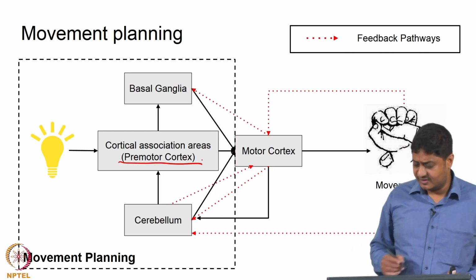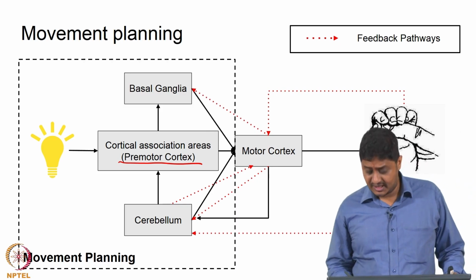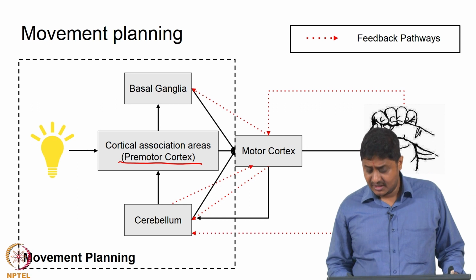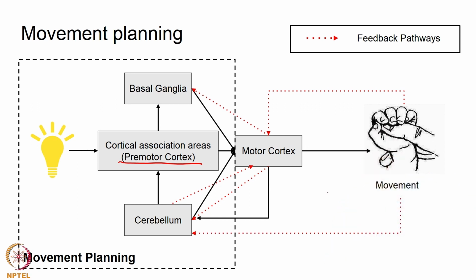How does it receive the information? Via the dorsal and the ventral spinocerebellar tract. What is the kind of information that it receives? Proprioceptive information and what is called as efference copy.